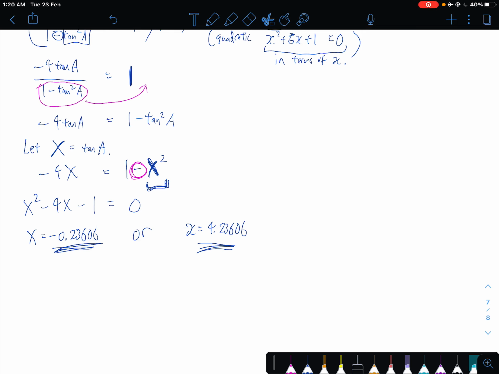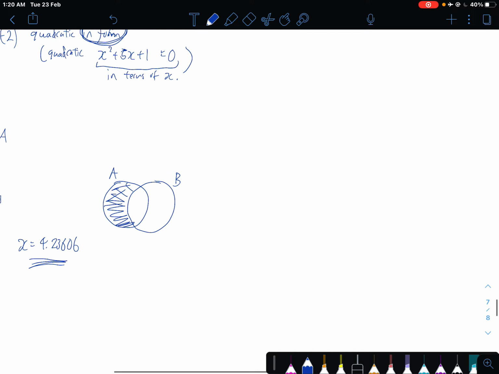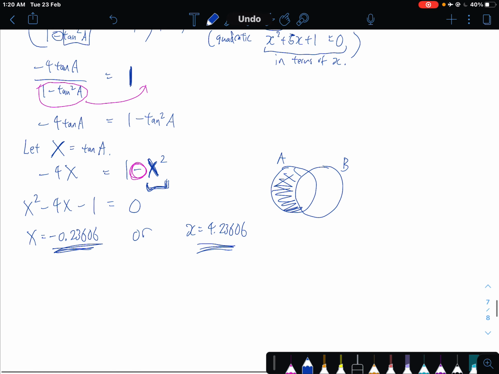In terms of set notation, if you've learned it already, this is A, this is B. We are looking at this left side, or you could be looking at this side here, where the circle representing A is a set that represents the possibility that x is -0.2306.